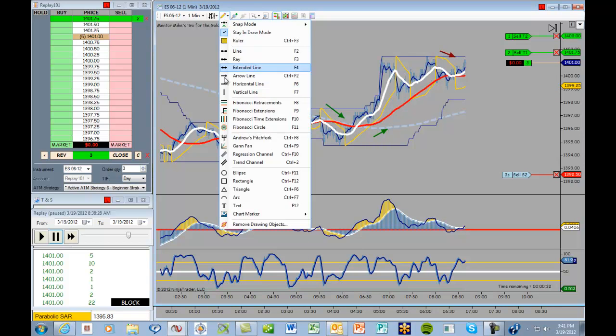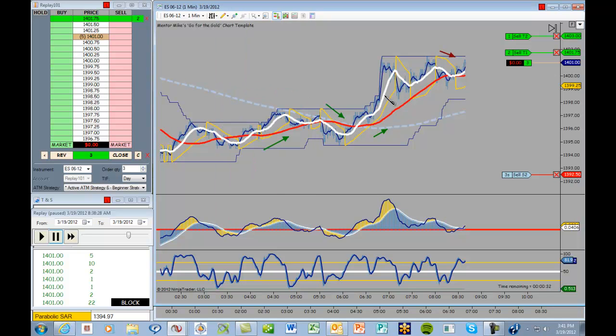And we did have a long, successful trade here that we didn't mark before. So there's that. And let's mark this. And now let's turn on the data feed.